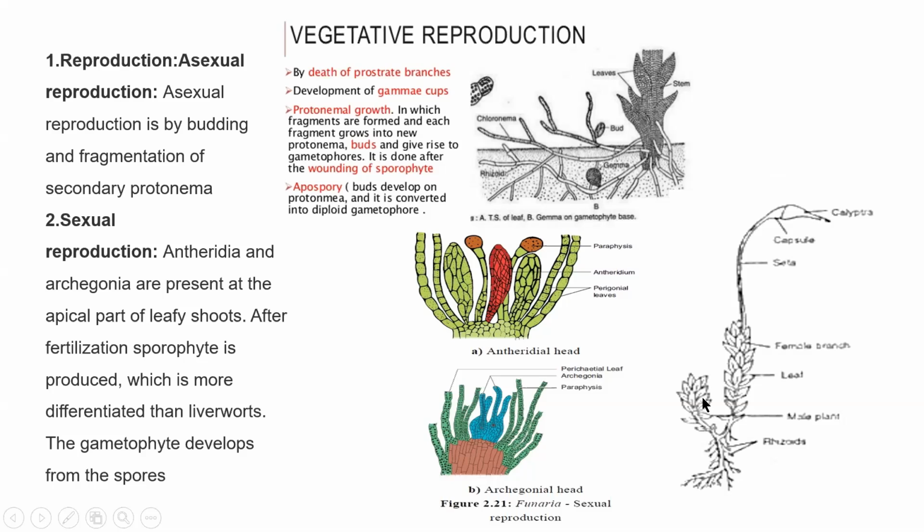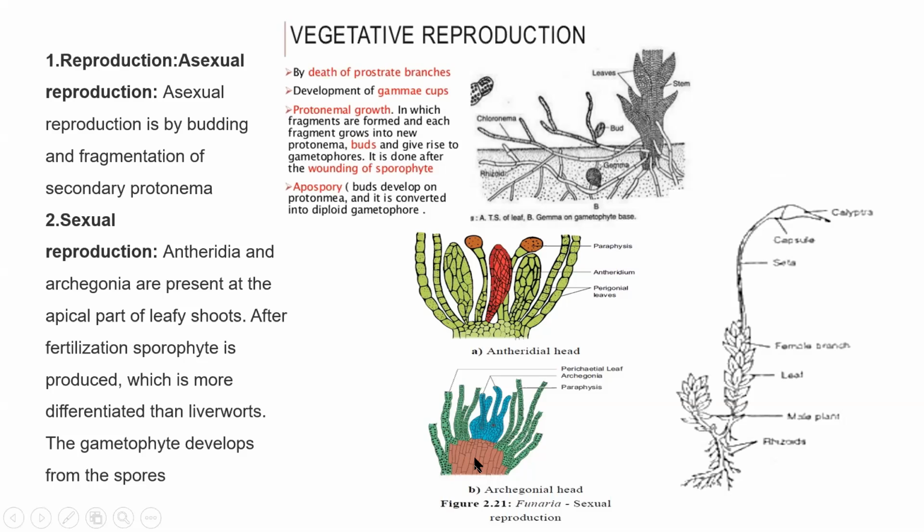At the tip of the axis of the male branch, you can see the antheridial development. You don't call it male plant and female plant; it is called male branch and female branch. And at the tip of the axis of the female branch, you can see the archegonial head.